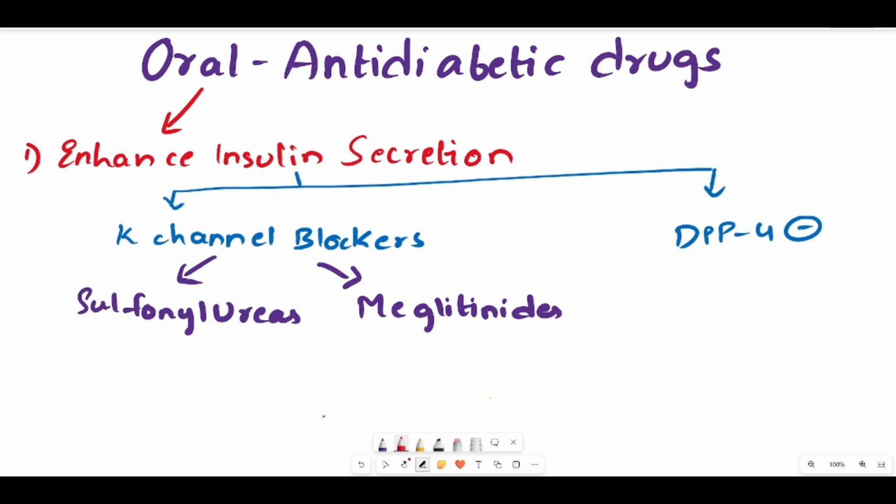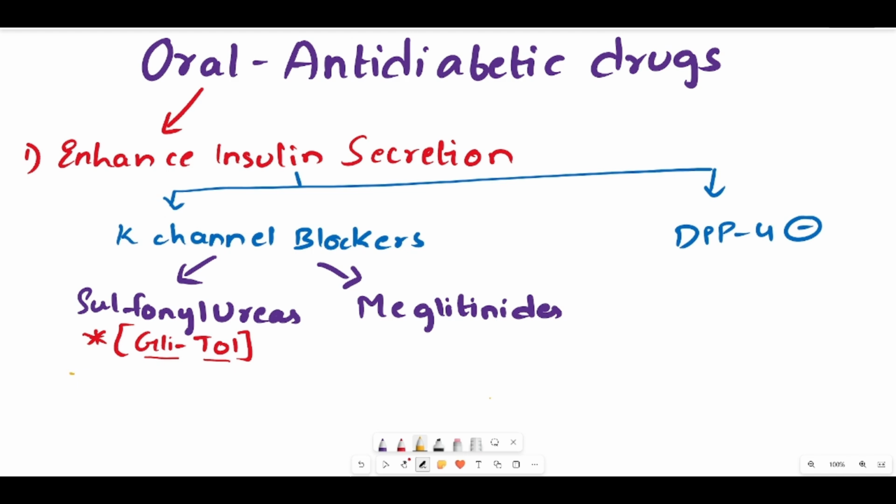To remember the drugs under the sulfonylureas, just remember the term glitol. Glitol is the trick here. Almost all the drugs in this class start with gli, and there is one drug which starts with tol.